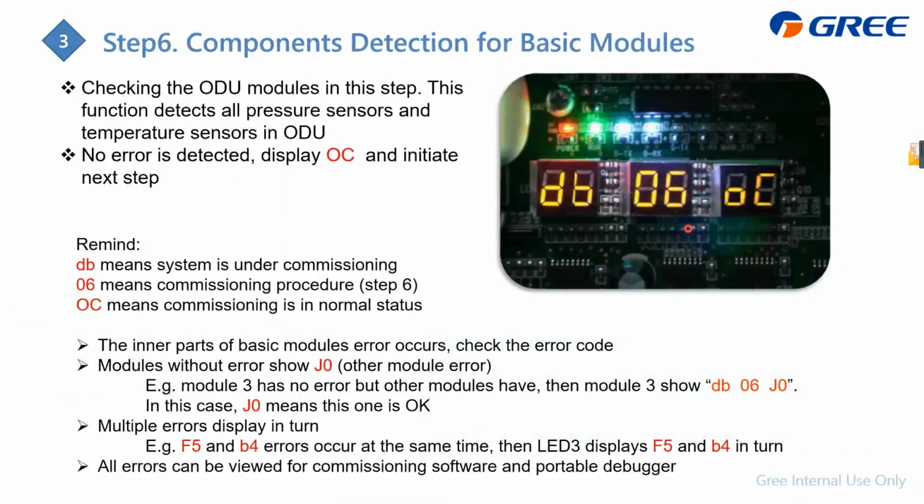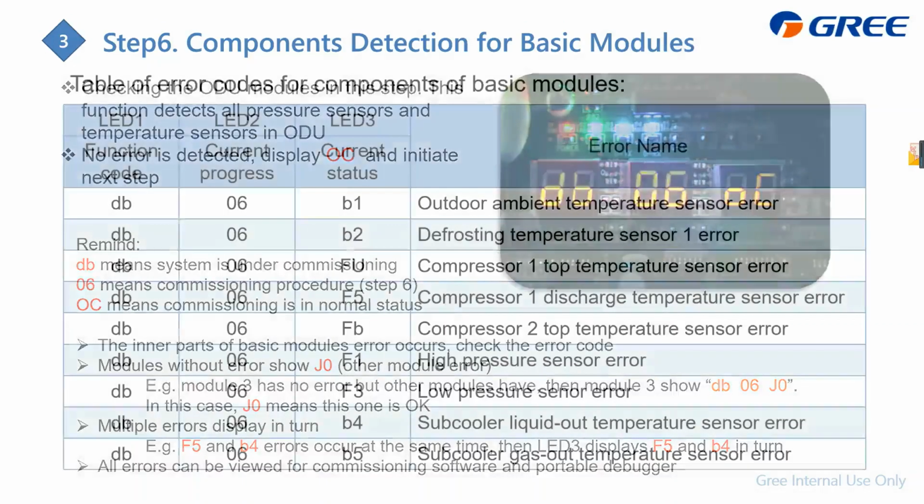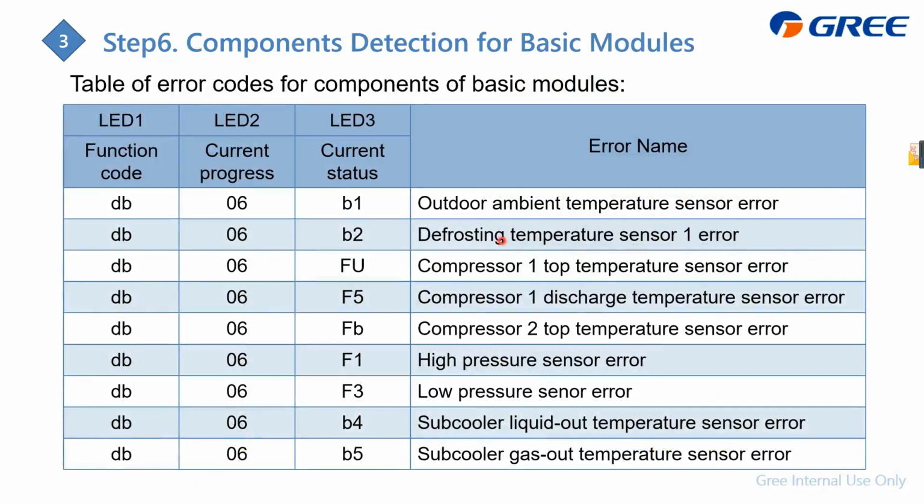And under step 6, the whole unit detects all the components of the basic module. It means it detects the components of the outdoor side, not the indoor side. Actually it detects whether all the temperature sensors and the high pressure sensor are normal or not.